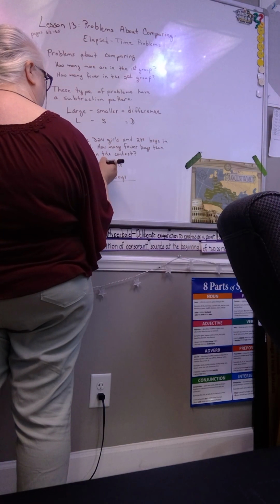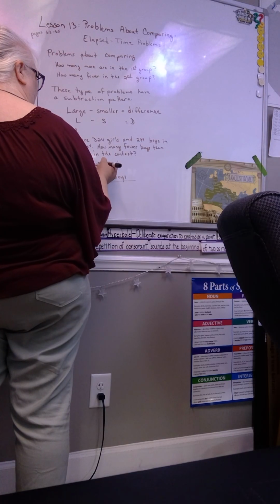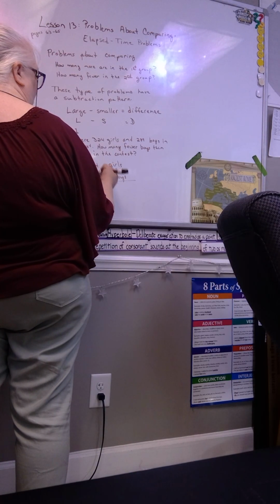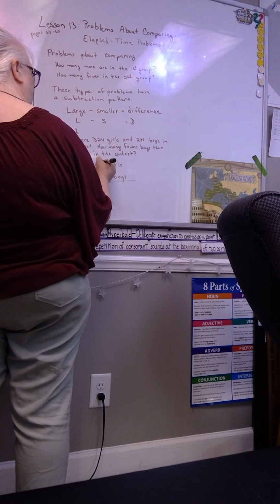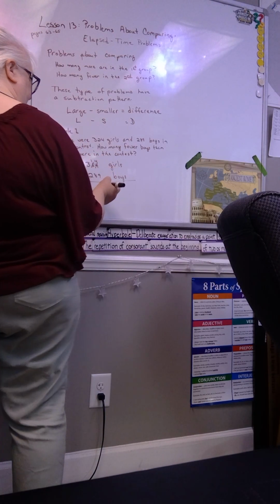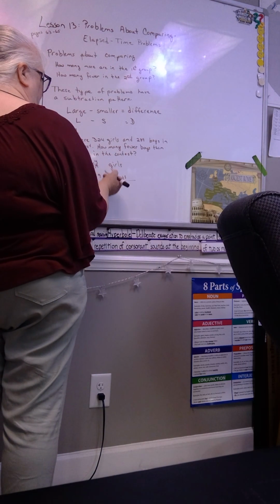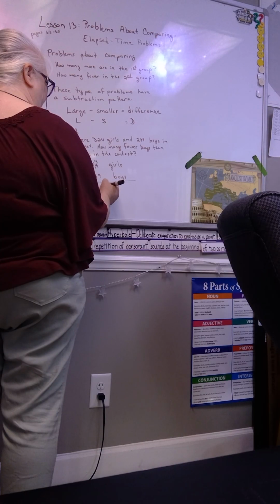So, I have to borrow here. Because 9 is larger than 4, I can't subtract 9 from 4. So, I have to borrow from the 2, that will make the 2 a 1, and make the 4 a 14. So 9 from 14 is 5.